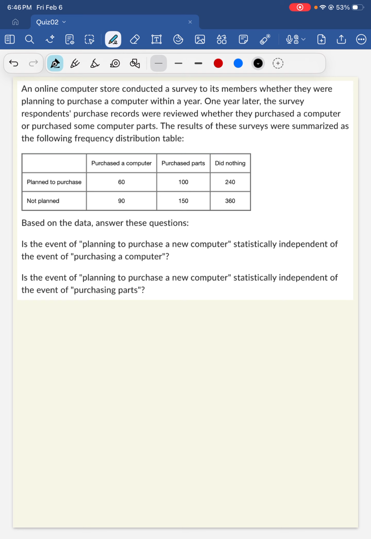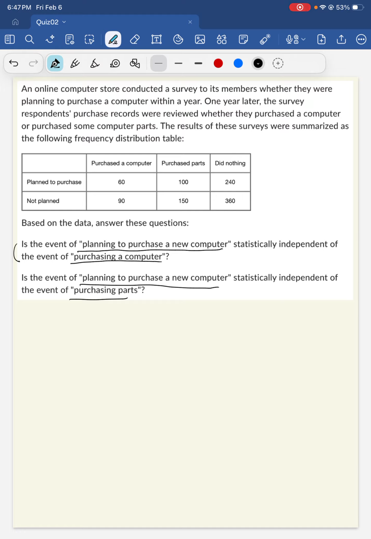What we have to do is check if planning to purchase a new computer is statistically independent of actually purchasing the computer or not. And two questions. This is one, you have to find it out. And also whether the plan is independent of purchasing parts instead of a whole computer.